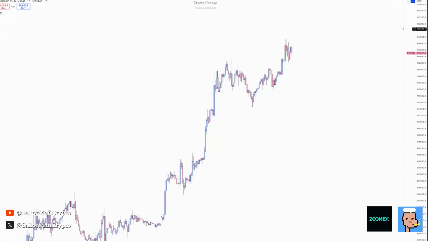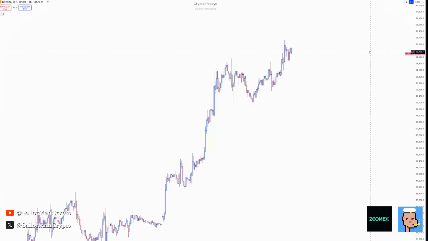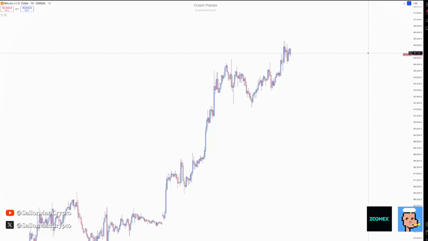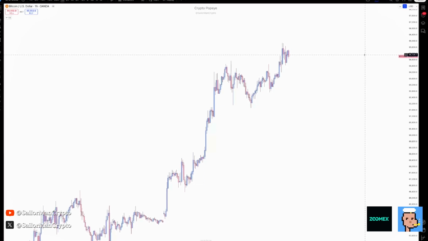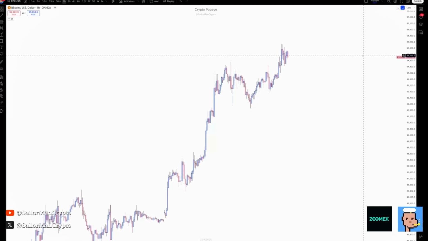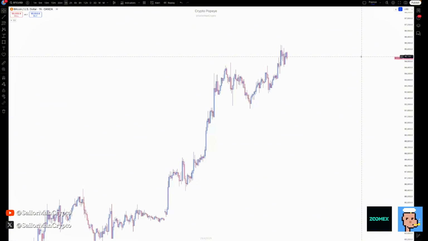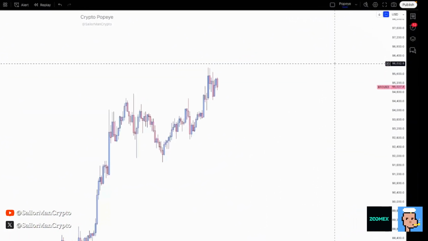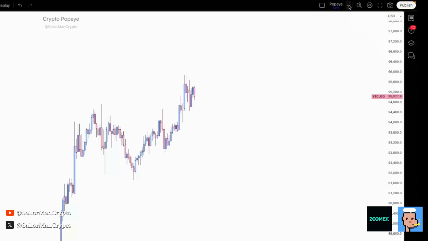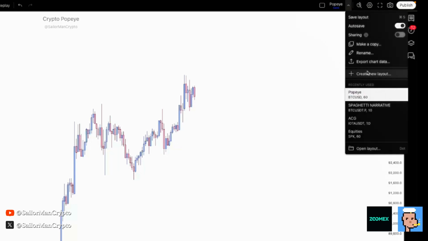First of all, you can set a spaghetti chart on TradingView even if you don't have a paid account. The only problem, I think, is that you will not be able to save the layout, so you will need to redo the spaghetti chart every time you close and open TradingView. But if you have an account, start by creating a new layout.